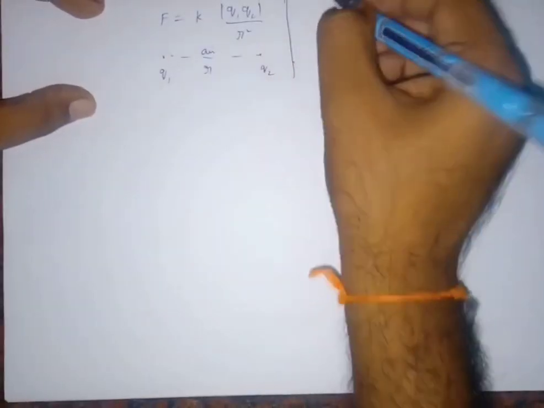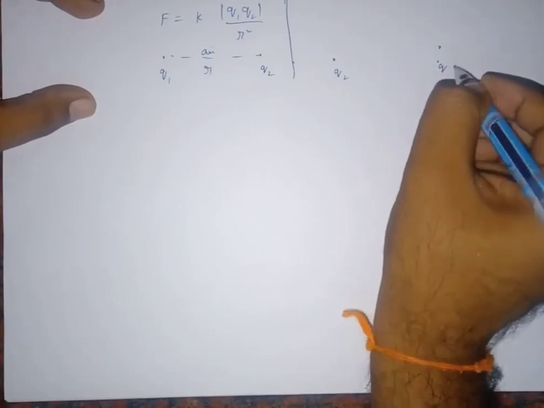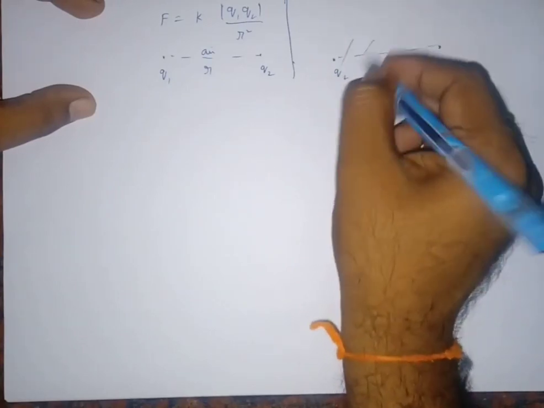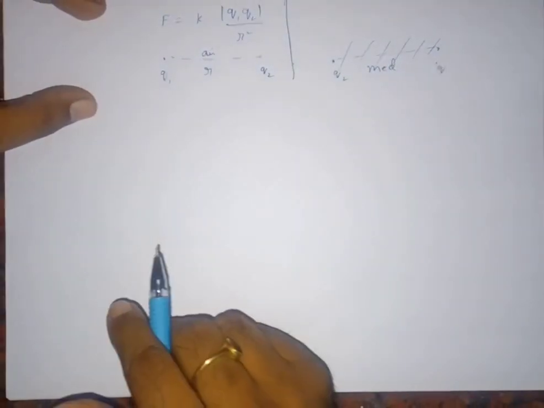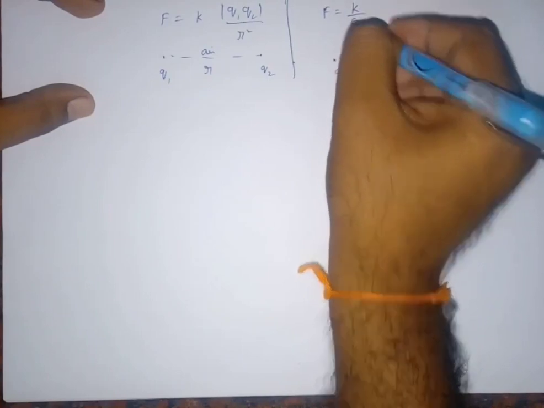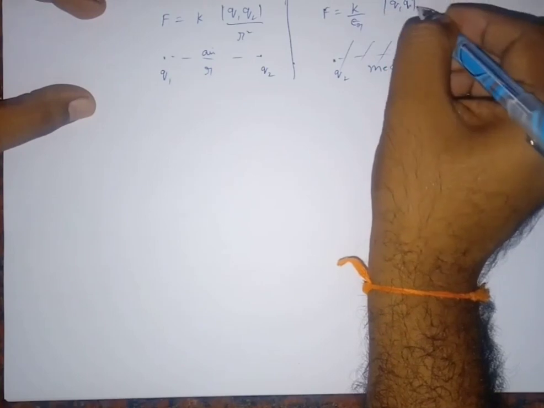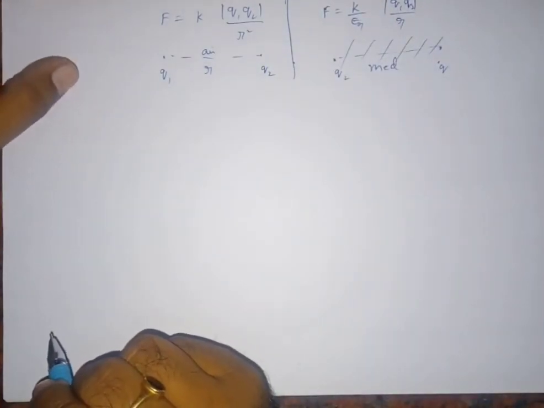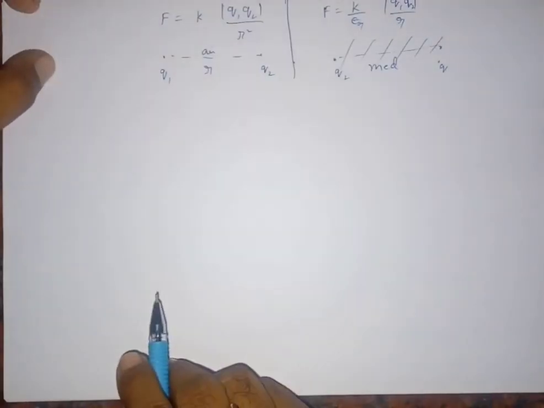What happens if the two charges are separated by a certain distance in some medium? Maybe it's a liquid. So the expression turns out to be K by epsilon naught, which we discussed earlier, mod Q1 Q2 by R square. That epsilon naught is nothing but the dielectric constant or relative permittivity. So one is K by epsilon naught, the other one is K.